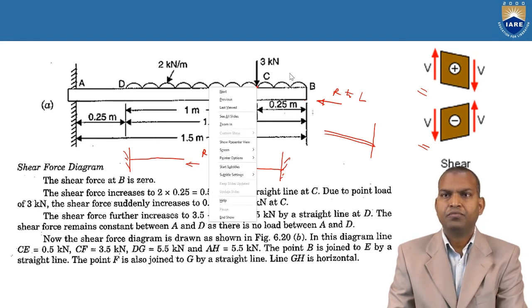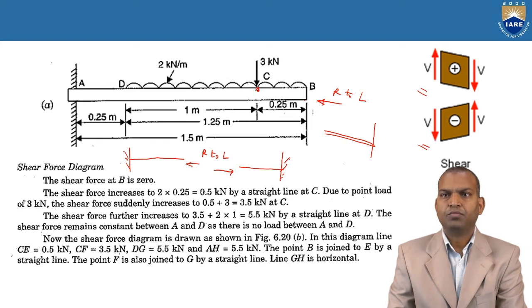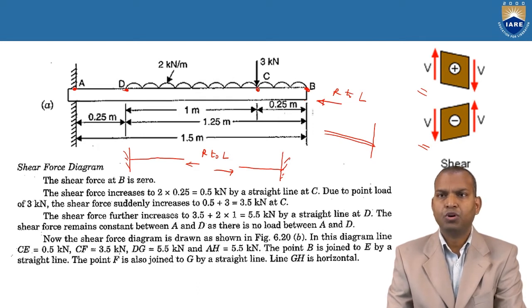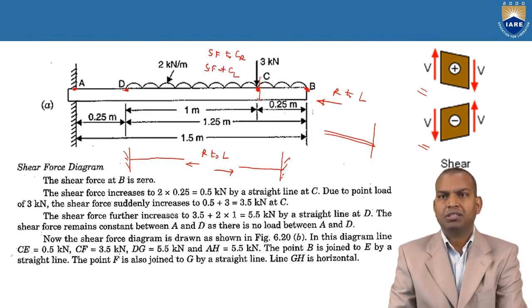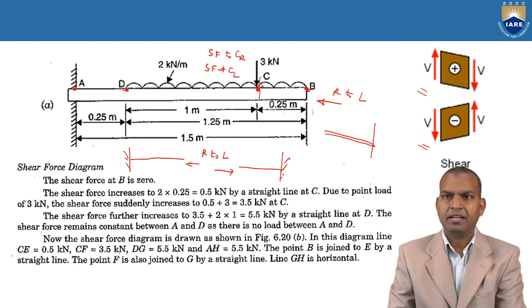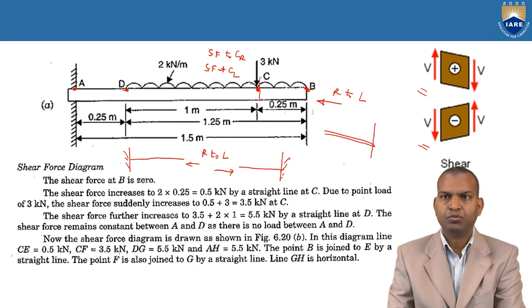Shear force at point C. There are different points: point B, point C, point D, and point A. Shear force at point C means we consider the shear force at C right side and at C left side, so that you can understand the variation on the right side and left side of point C.